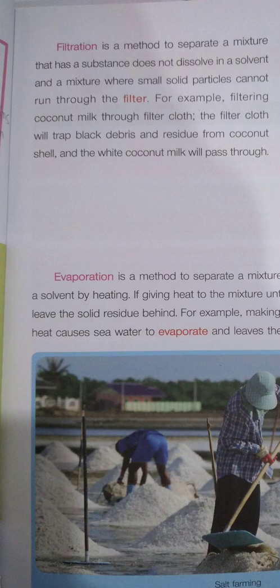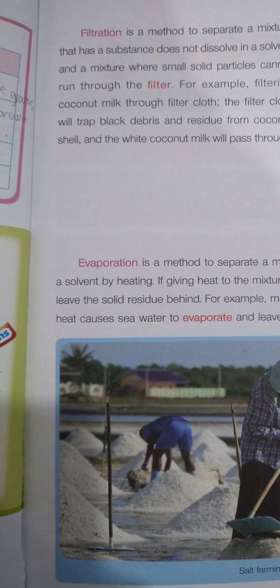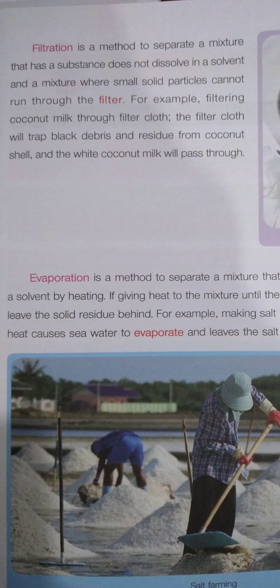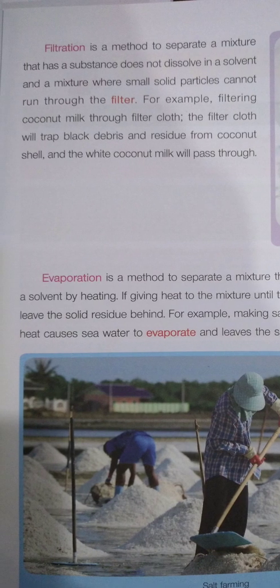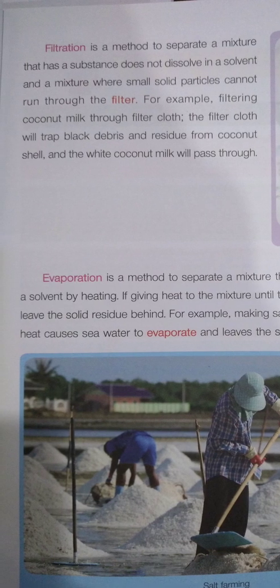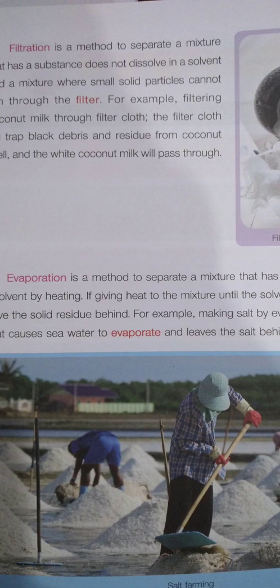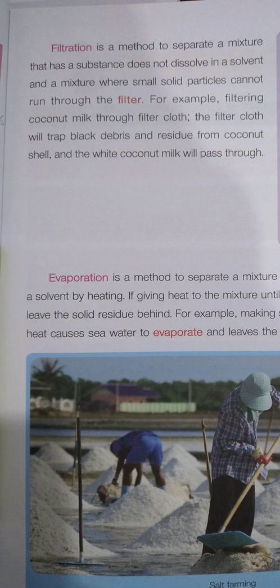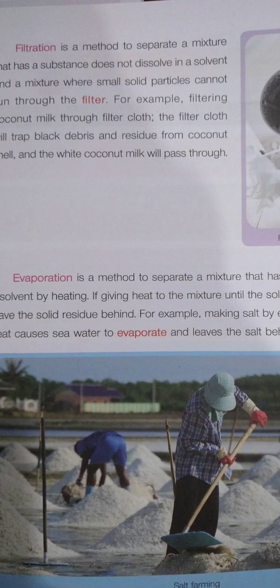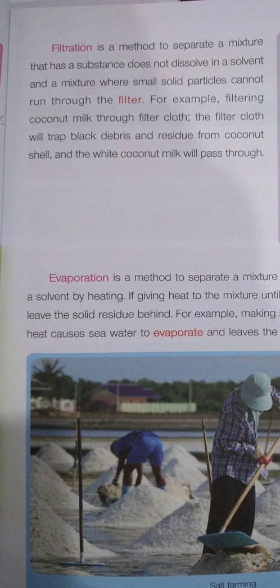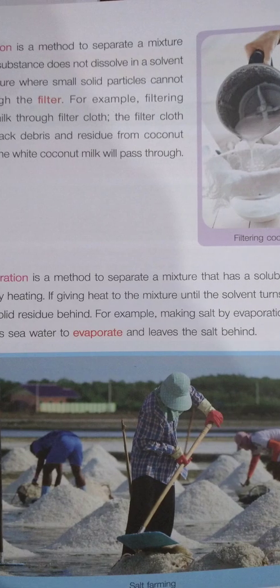Filtration is a method to separate a mixture that has a substance that does not dissolve in a solvent, and a mixture where small solid particles cannot run through the filter. For example, filtering coconut milk through filter cloth. The filter cloth will trap black debris and residue from the coconut shell, and the white coconut milk will pass through.